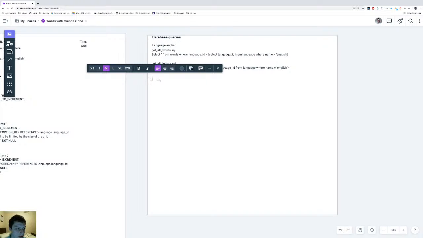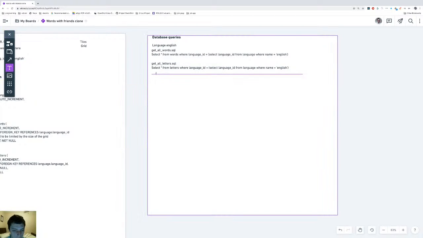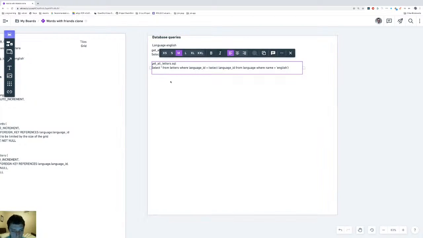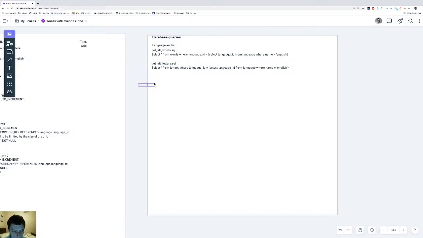I haven't gotten that far into it. So the next one would be like check word. Here is where the n+1 problem appears.